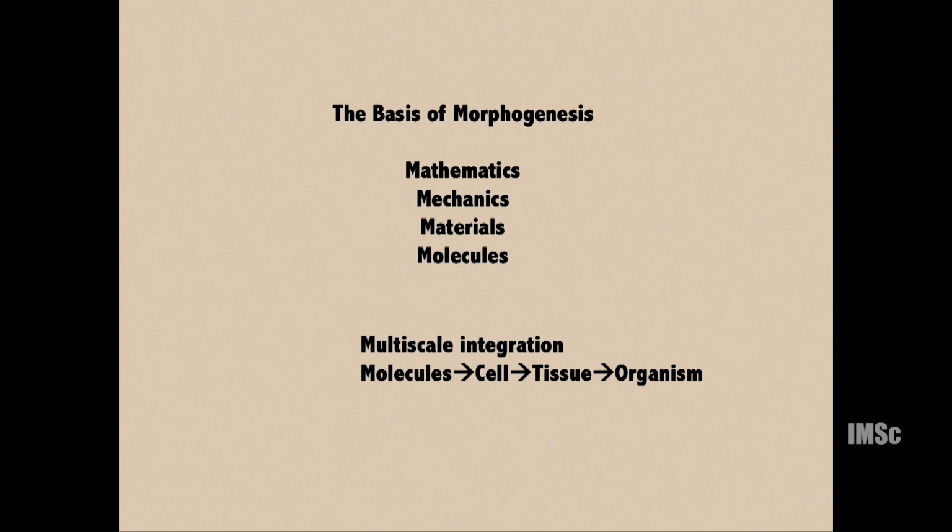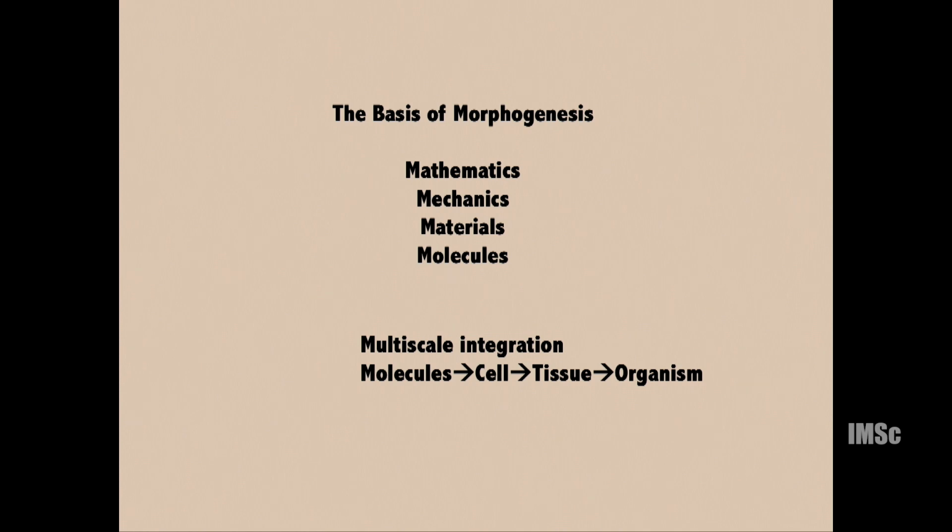So what's fascinated people for a long time is to understand how organisms acquire form. I've put a set of 4 M's here that people have thought about, and you'll see here, not because I'm in Mathematical Sciences Institute, the maths is on top, and then mechanics, materials, and molecules, right?